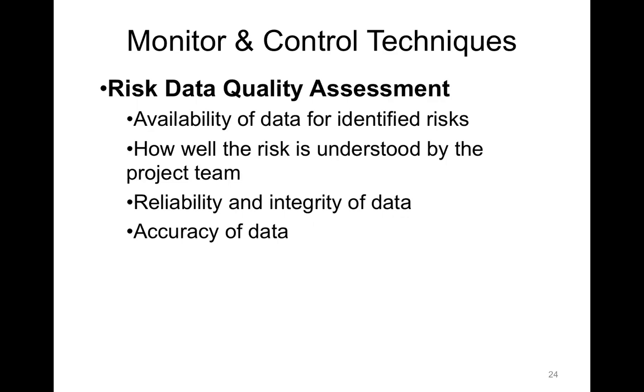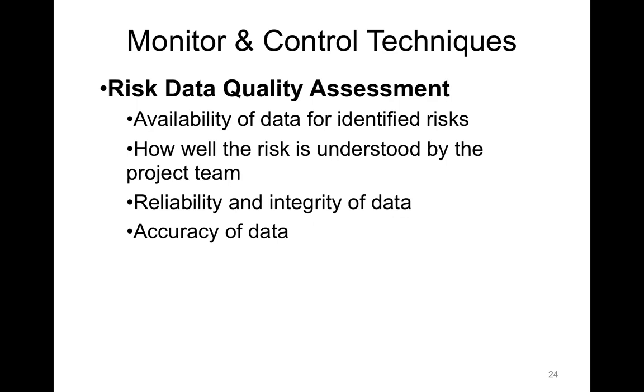Now, I want to look at risk data quality assessment. When we are monitoring and controlling risks, we have to look at variance and trends, like I said before. And of course, looking at variance and trends, that analysis is only as good as the data that we actually have.